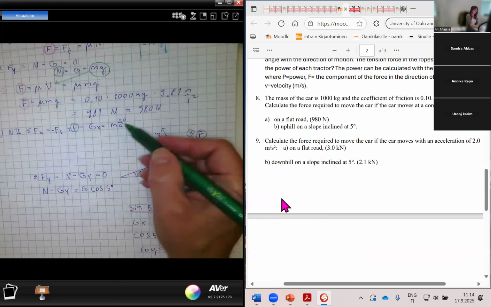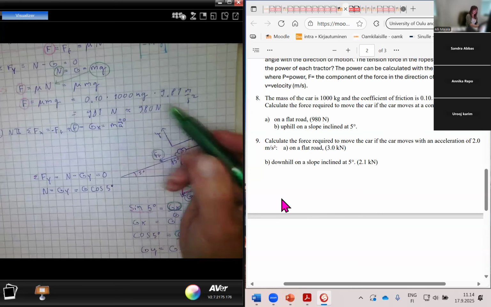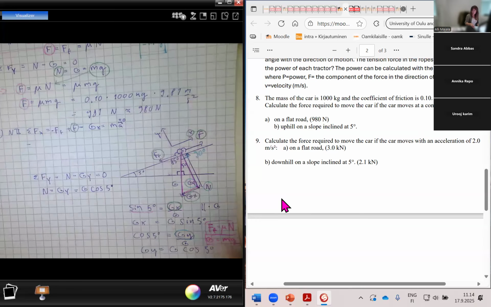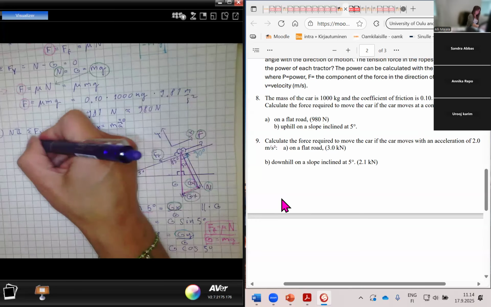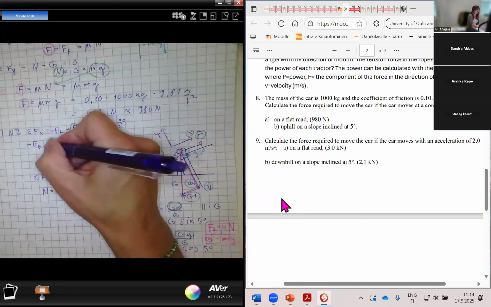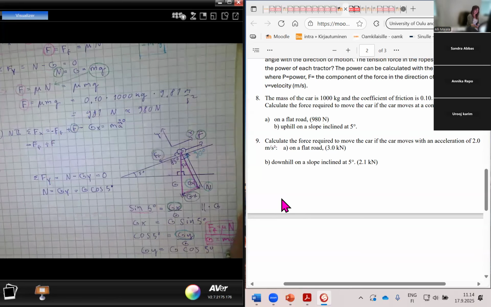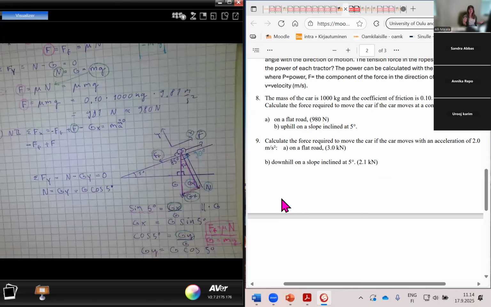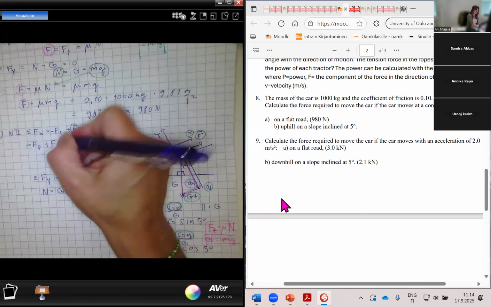What you got, you had no acceleration, so you had there minus friction. Then you had the engine, and then you had also this component of the gravity trying to resist your going up the hill. That makes sense, yeah?